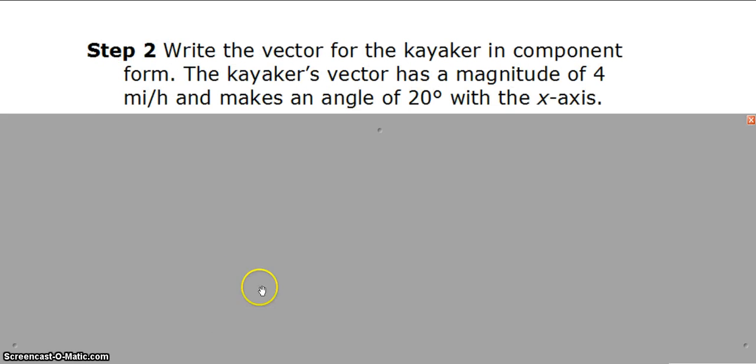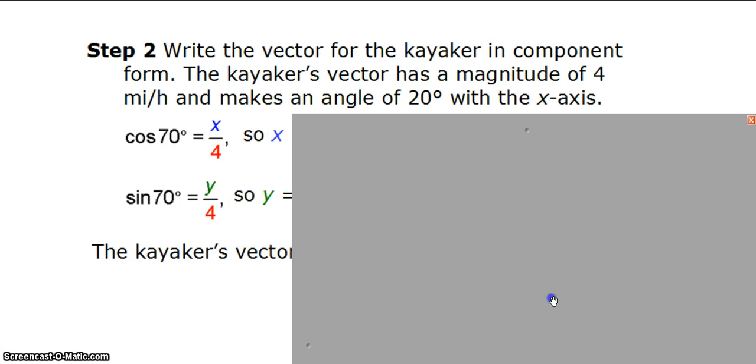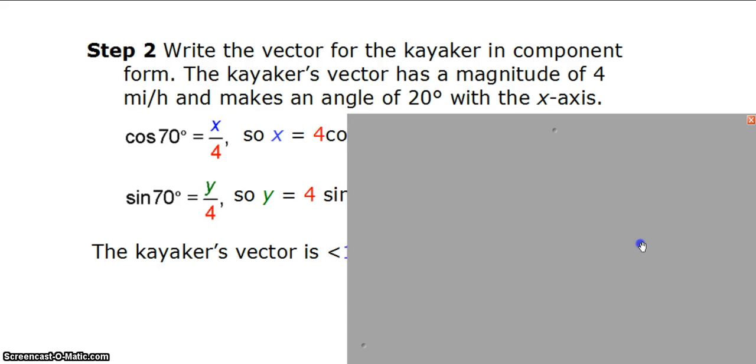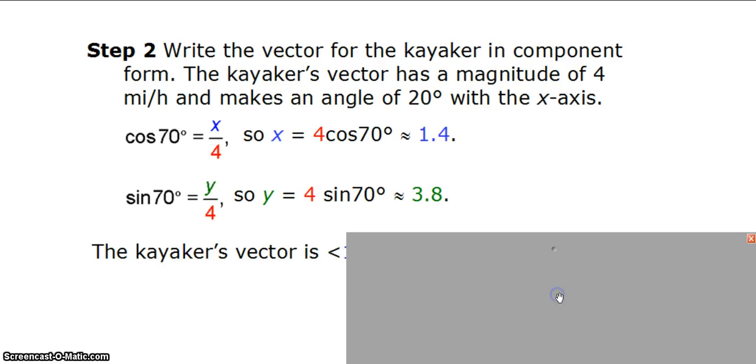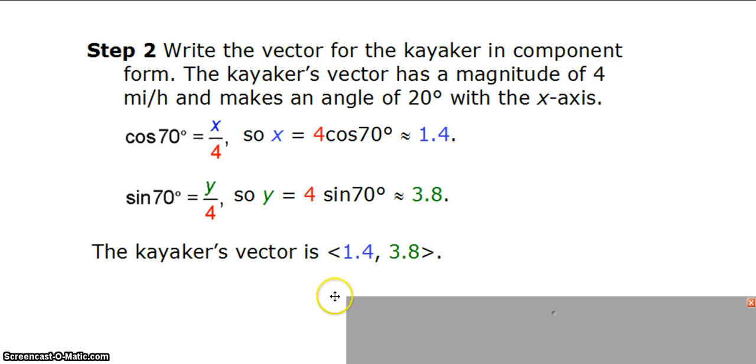Hopefully you did that, and you found the resultant x value is 1.4 and the y value is 3.8. So here's our component form of the kayaker's vector.